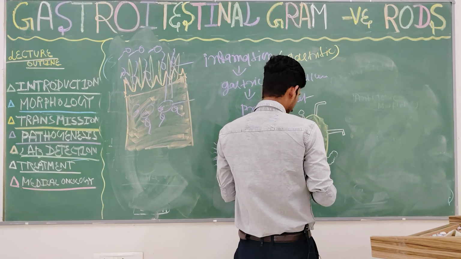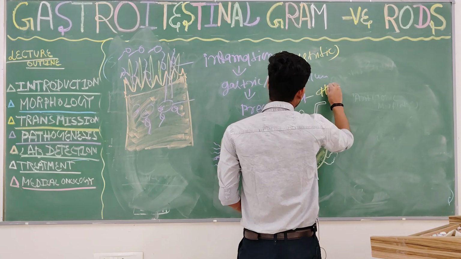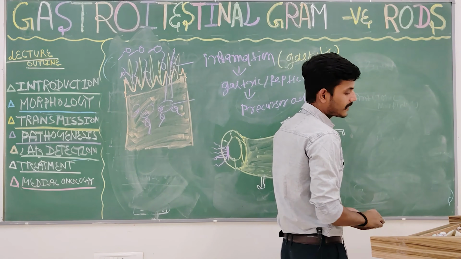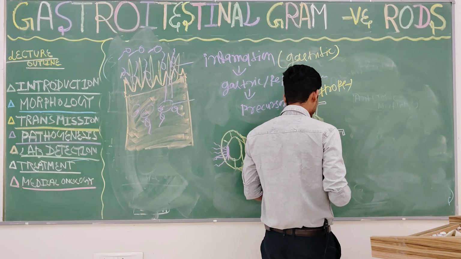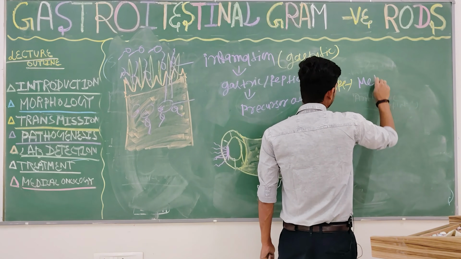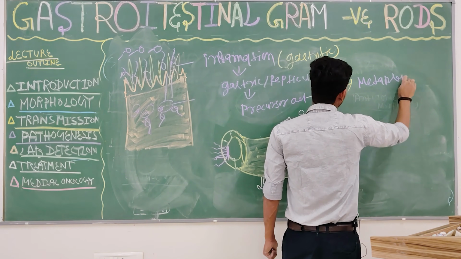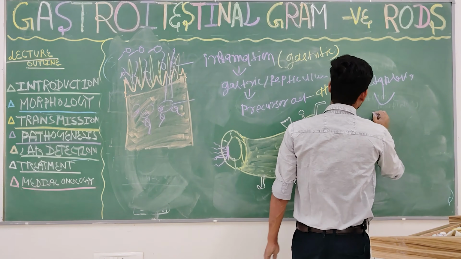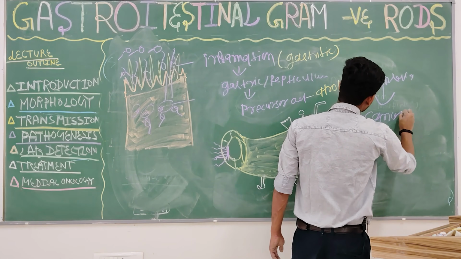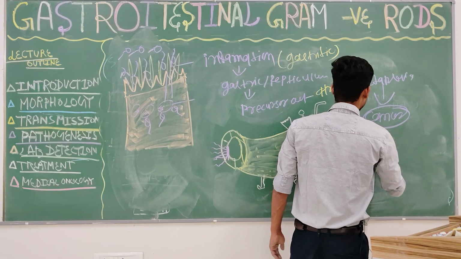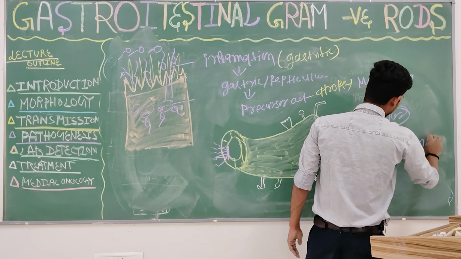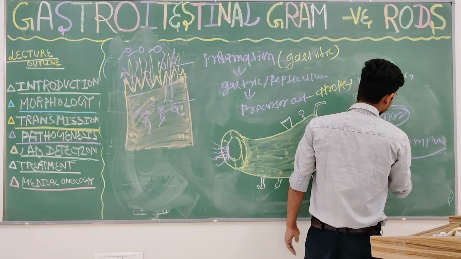Write it down: atrophy of gastric mucosa, and that results in intestinal metaplasia, a precursor form of cancer, and thereby it causes cancer, also called gastric lymphoma.